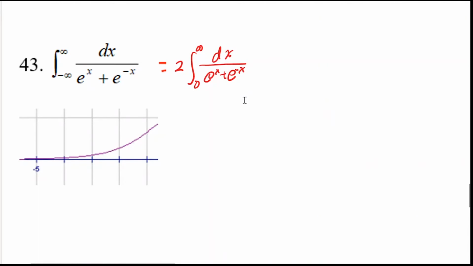We want to use the comparison test, right? Then which one do we pick? Either we erase this or we erase this. Suppose we erase this. Just suppose this is not right, so it's not going to work. Don't write it. So we have 2 times the limit as b approaches infinity of the integral, if I cover this up and just have that.